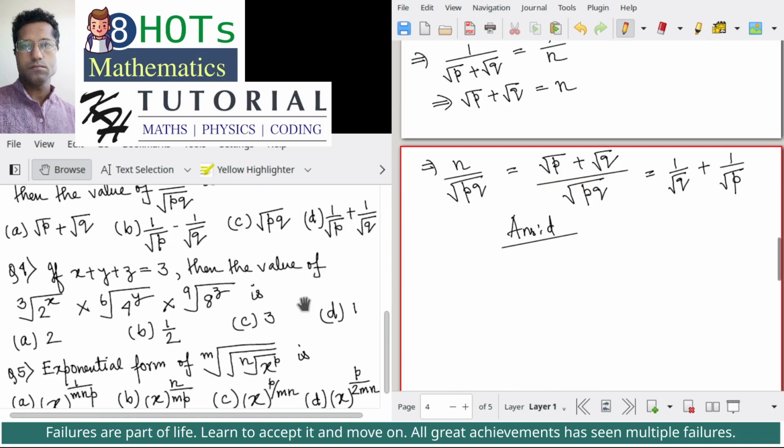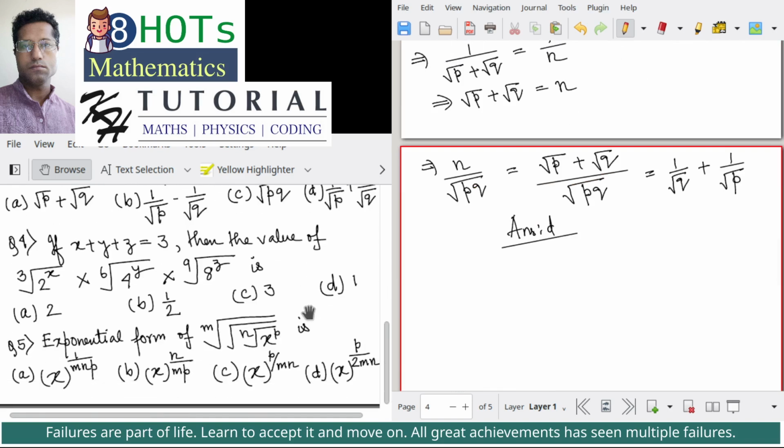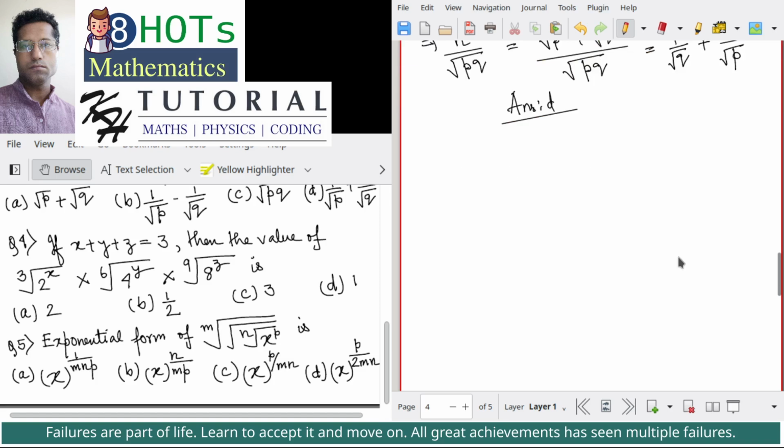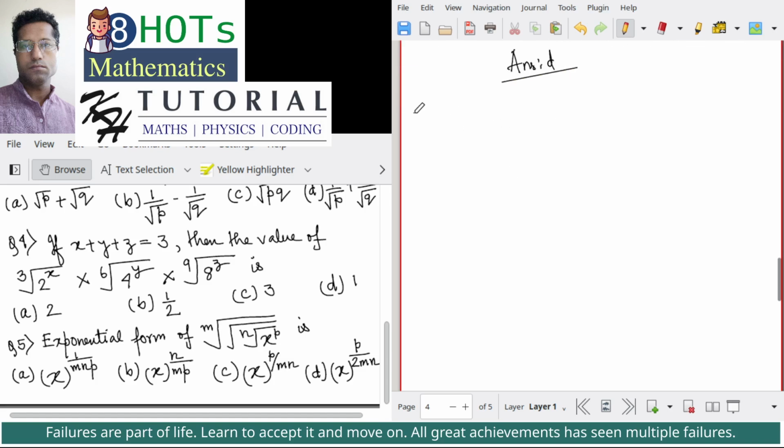Okay, let's do problem number 4. Problem number 4 says that x plus y plus z is equal to 3.